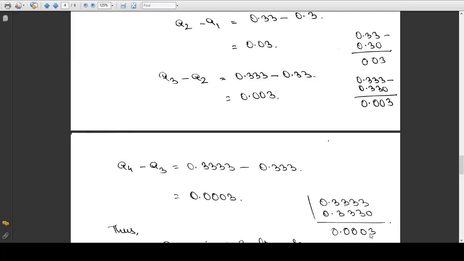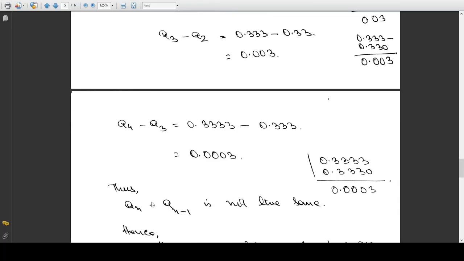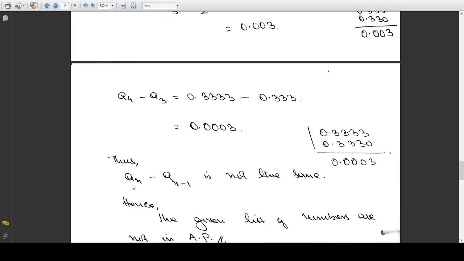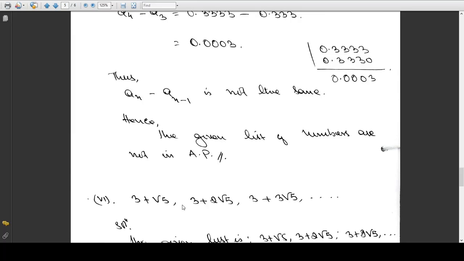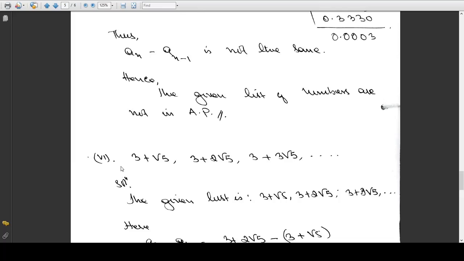Now subtract, you will get 0.0003. Now in all these 3 cases you are getting different values, therefore a(n+1) minus a(n) is not the same, hence the given list of numbers is not an AP.